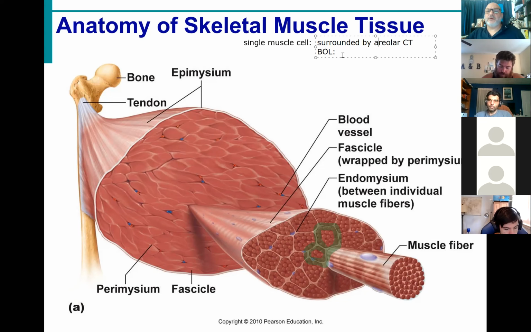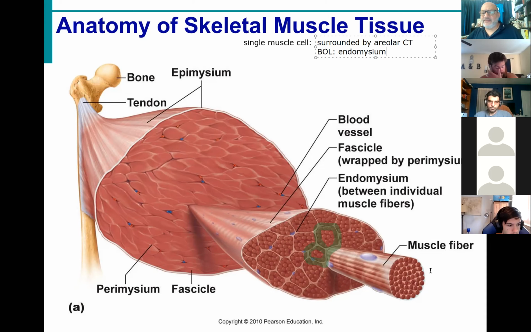The areolar connective tissue, based on its location, we call an endomysium, because it is within the muscle, surrounding each individual muscle cell. So each individual muscle cell has its own little insulation that wraps around it, that areolar connective tissue that, based on its location, we call an endomysium.